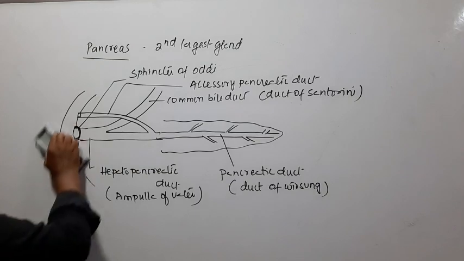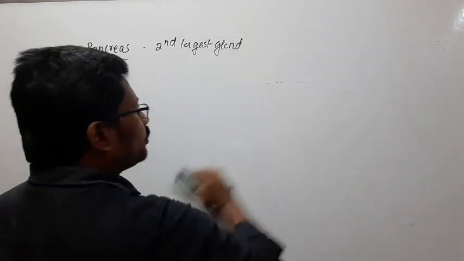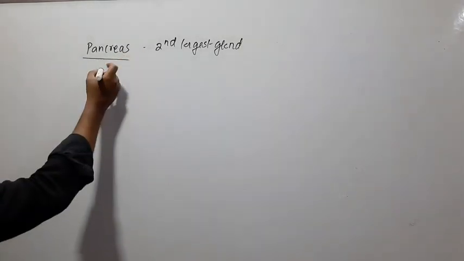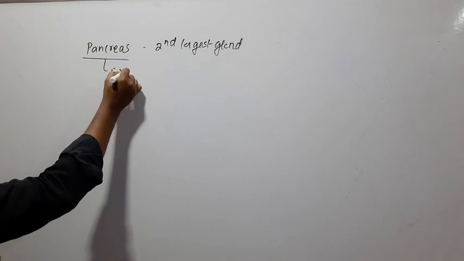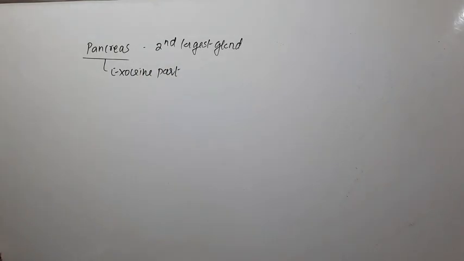Now let us see that this pancreas produces pancreatic juice. I'm talking especially about the exocrine part of the pancreas.